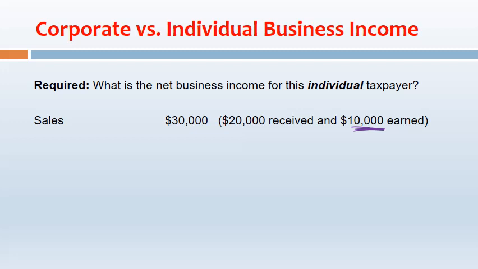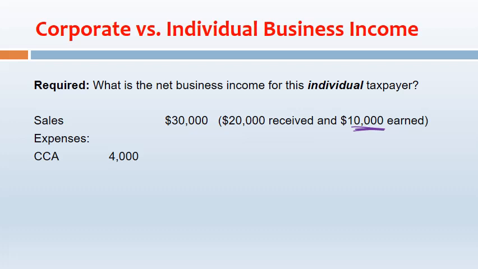So it doesn't matter whether they were paid the $10,000 or whether they billed it. If the service is performed, it must be included in income. This is pretty normal accounting practice as well, but some individuals don't necessarily know this and maybe they're doing it wrong. So we have to make sure we record all the sales here for tax purposes, because they will be taxed on them.